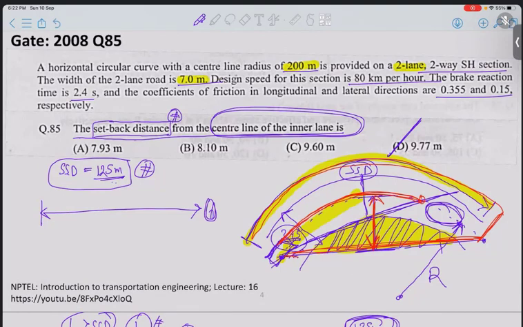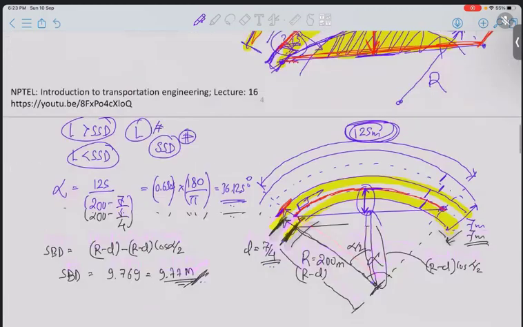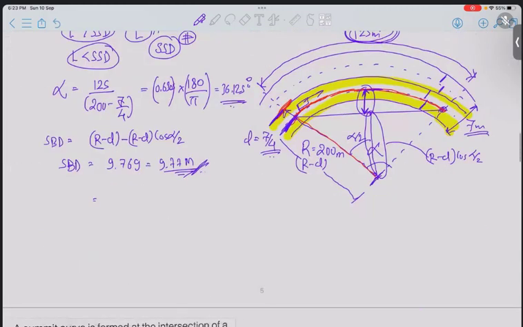Let me calculate this answer if we were to use the SSD that we got from the first part, which was 124.2, right? The alpha will change in that case. Alpha will be 124.2 divided by the radius.